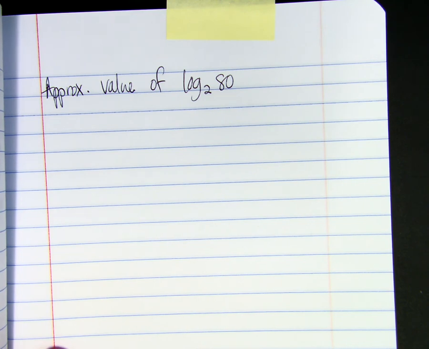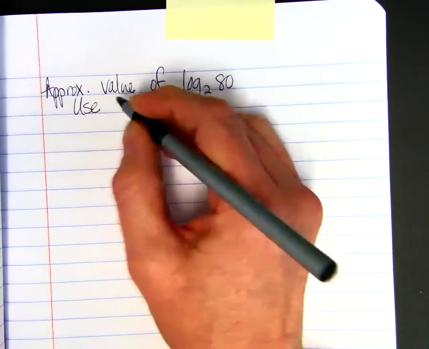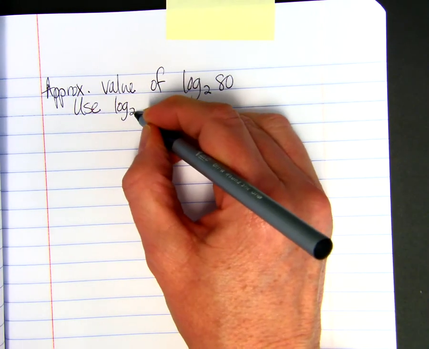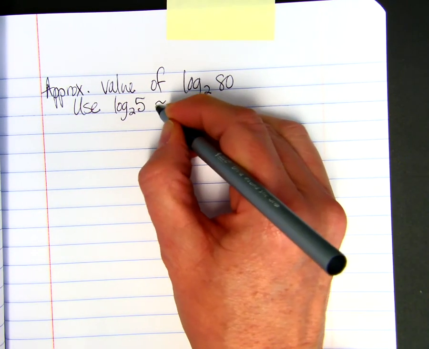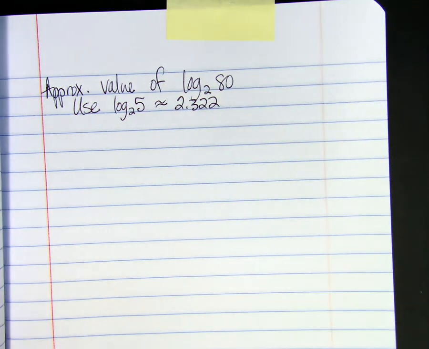I think they gave us... No, they didn't. Okay, so we want to use the fact that log base 2 of 5 is approximately 2.322.